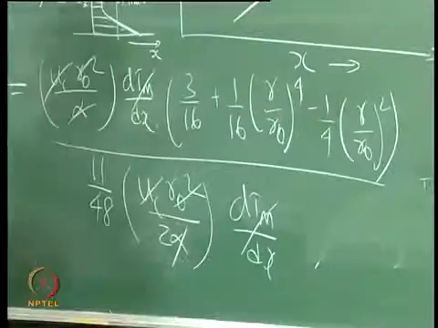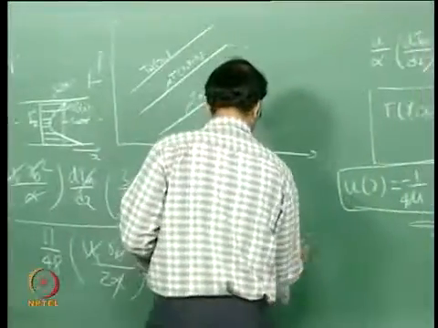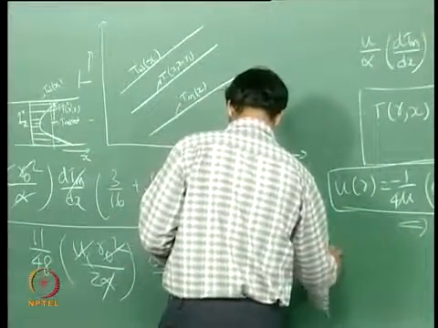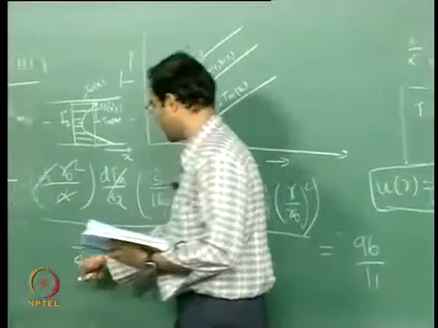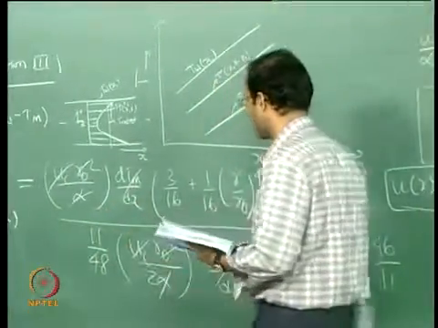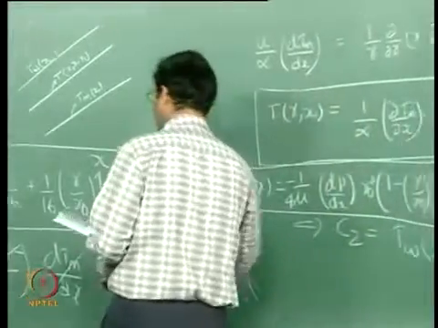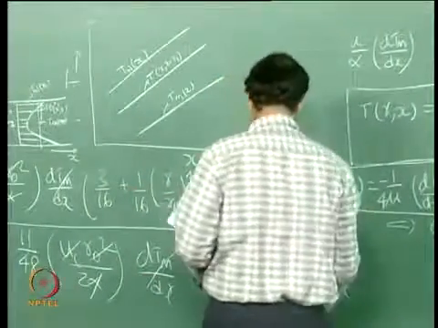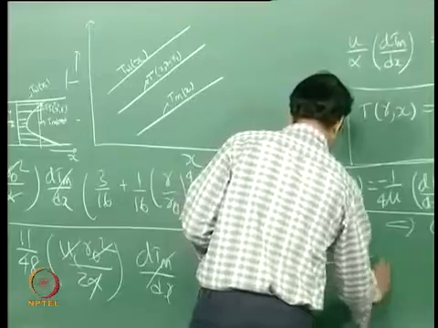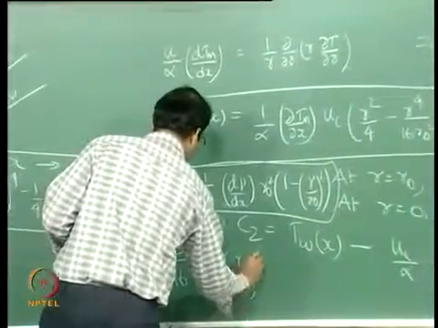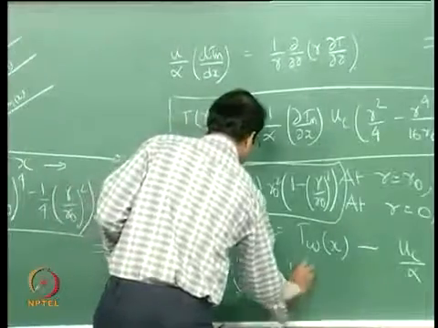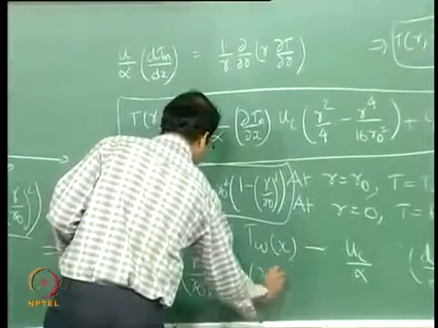So this will give you an expression as 96 by 11, because you have 48 into 2, so that goes up, 96 by 11 into this entire factor here, 3 by 16 plus 1 by 16 r by r naught to the power 4 minus 1 by 4 r by r naught square.